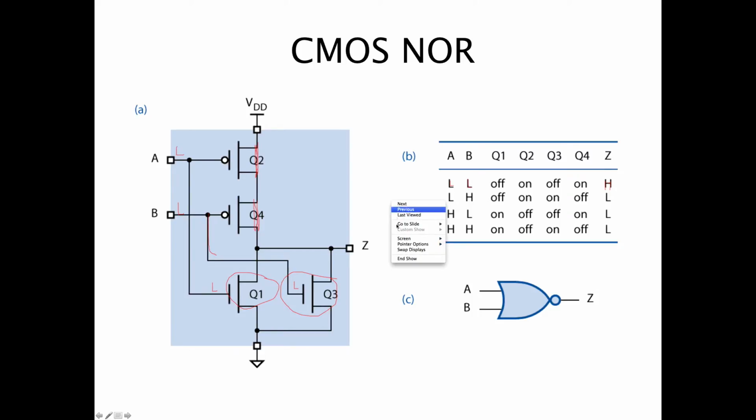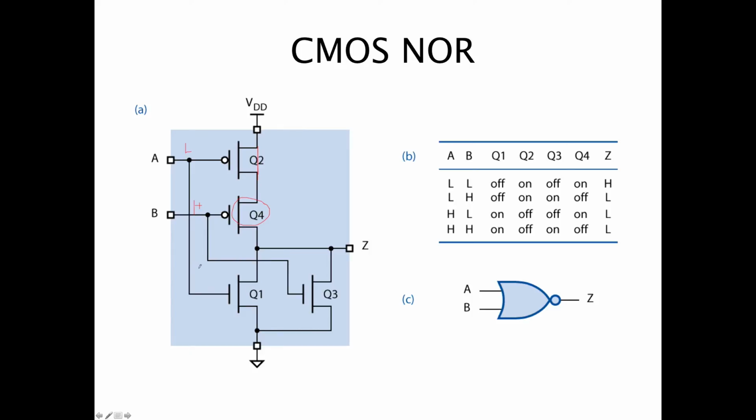Let's clear the ink on the screen and look at the next combination. Let's say we had a low and then a high. Because there's a low here, this acts like a short. Because there's a high on the bubble, this acts like an open. Immediately you see there's no path from Z back up to VDD.